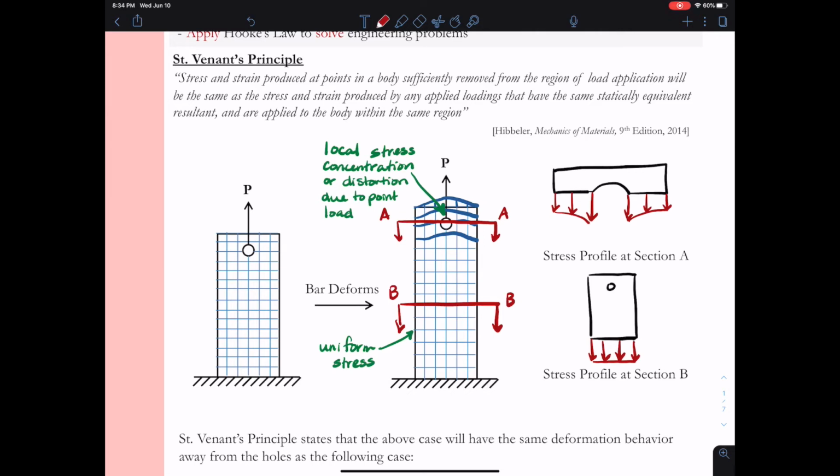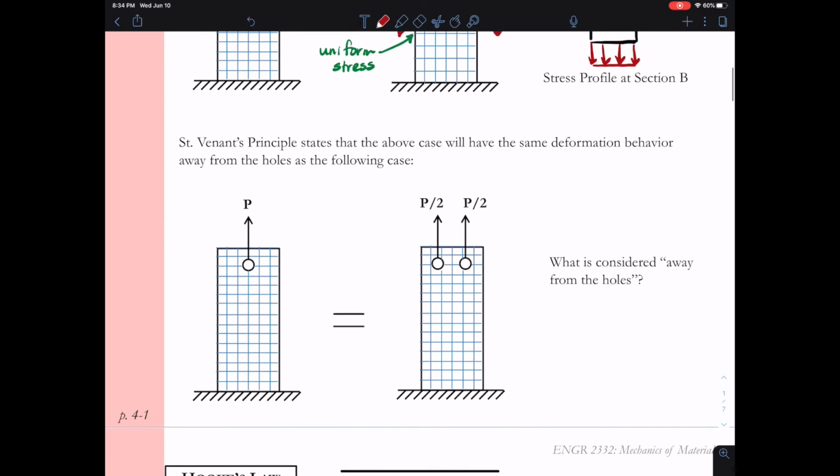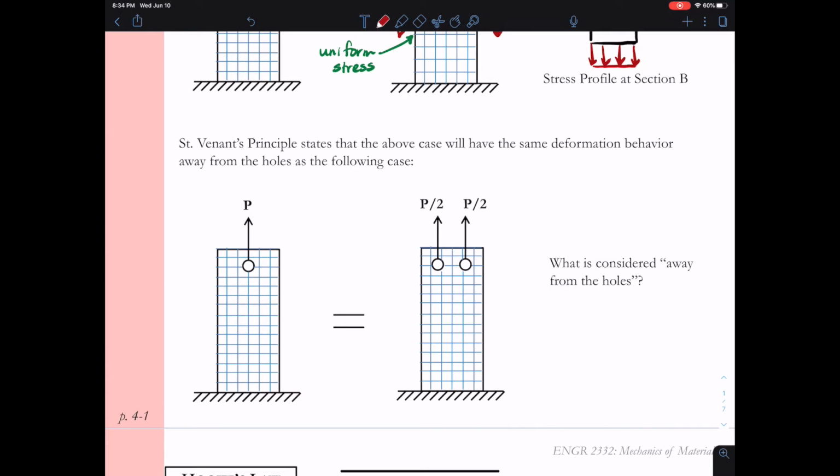And we will assume a uniform stretch along the length of the member when we take a look at Hooke's law. The second part of St. Venant's Principle said that statically equivalent loads produce the same effect. And so what this means is that in the case on the left and the case on the right, as we see them here, the stress at both of these cross sections away from the load application will be the same.